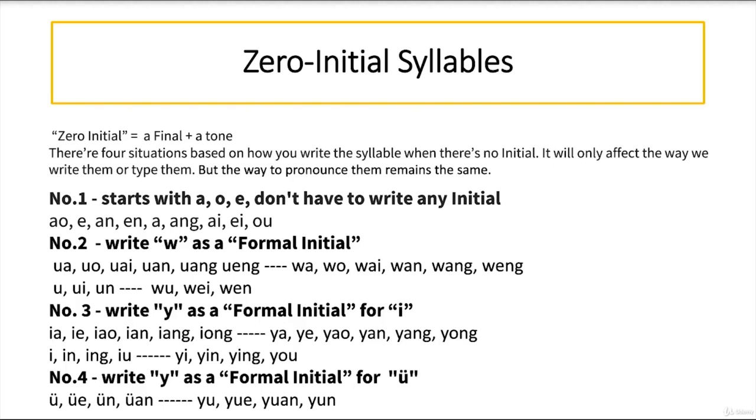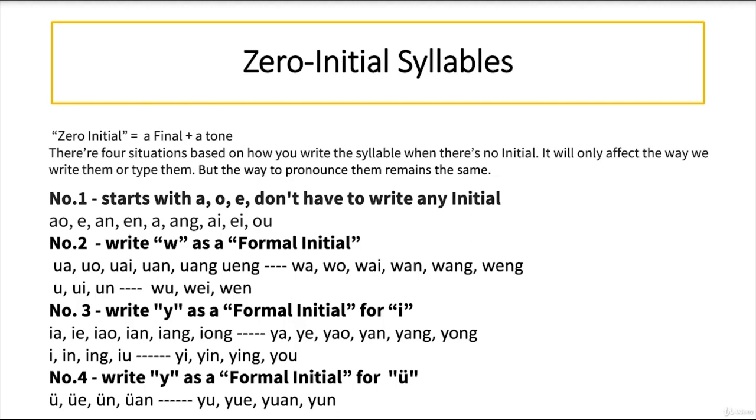For example, ao, an, a, ou, ai, e. All of these finals, you don't have to add any initials.